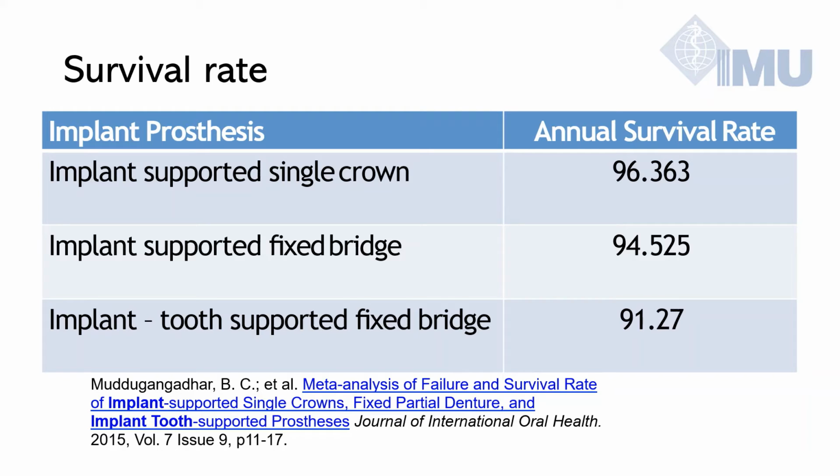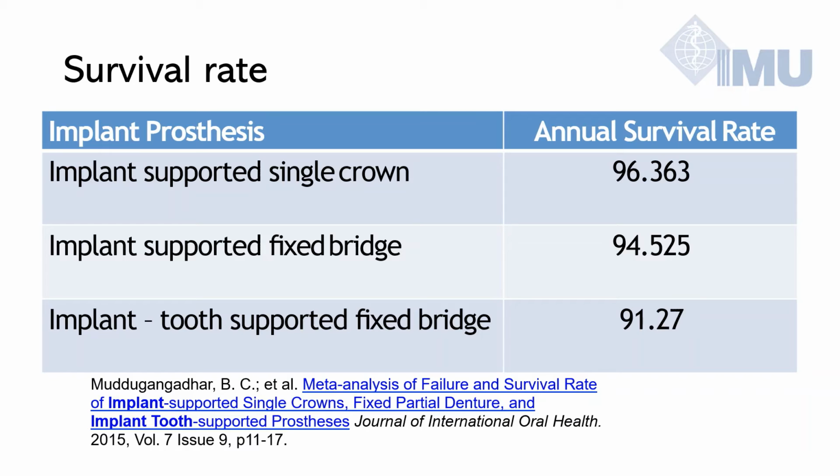In 2015, there was one systematic review indicating that joining the implant and tooth supported fixed bridge also has a slightly lower survival rate, however it is still over 91%, and that can be an option. It's not a disastrous option, we would say.